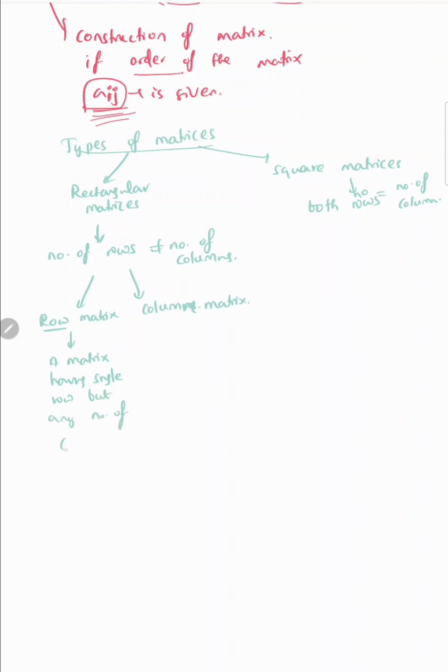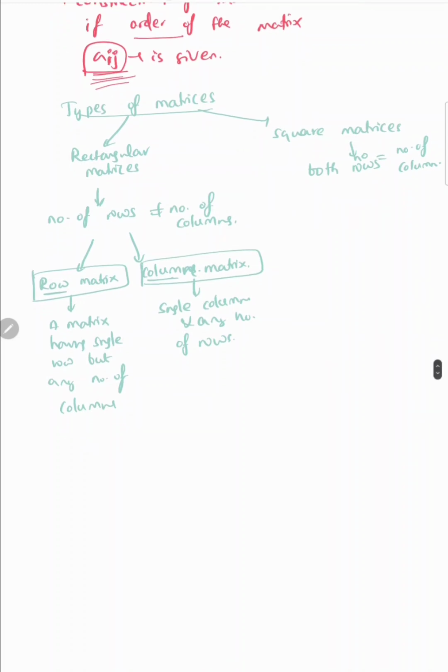Likewise, a column matrix has a single column and any number of rows. So this is about special cases of rectangular matrix.